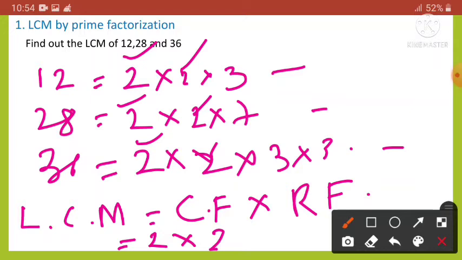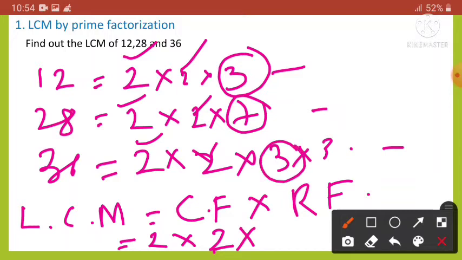Then we have to multiply the common factors with the remaining factors. What are the remaining factors now? Here it is 3, 7, and again 3.